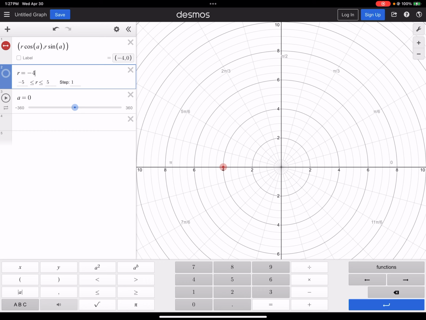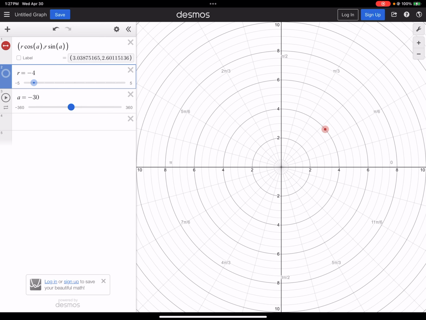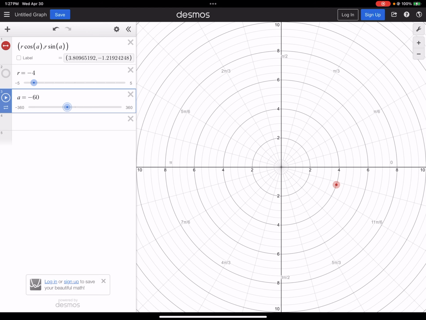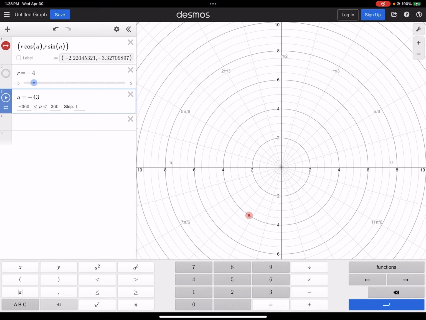Now I'm going to move the slider and change the angle so you can see what happens. Let me change this to 1, which I think will make it easier. If you move the slider, you can see it's going around a circle.